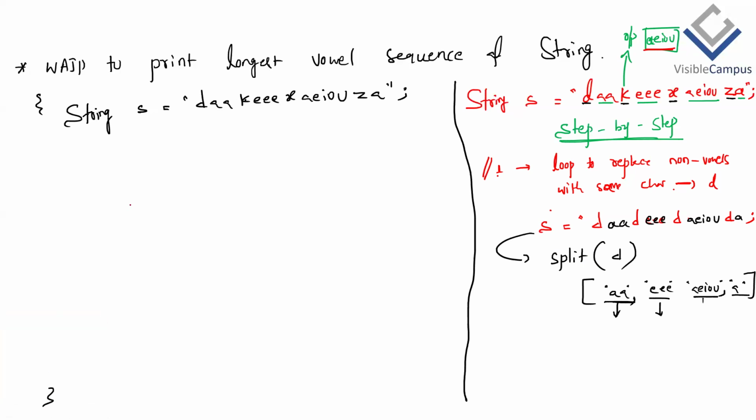Then what's the next step? Write a loop to replace non-vowels with the same character. How to write a loop for this, to access each and every character of a string? int i equals 0 is the starting index, i should be less than or equal to s dot length method minus 1, up to the last index, then i plus plus for every index.